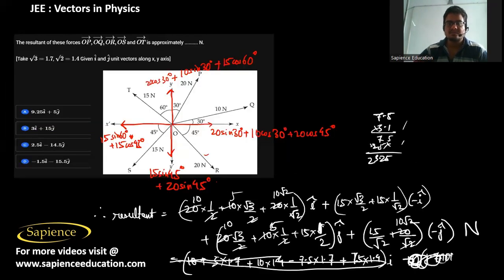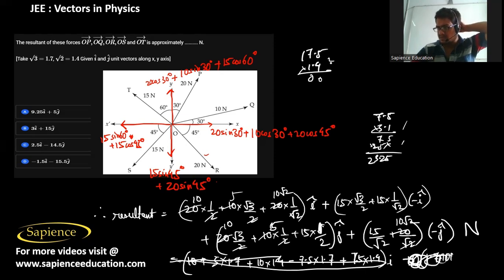Okay, 17.5 into 1.4. So 4 5 is 20, 4 7 is 28, 30, then 1 5 is 5, 7 1. So it is 24.5.